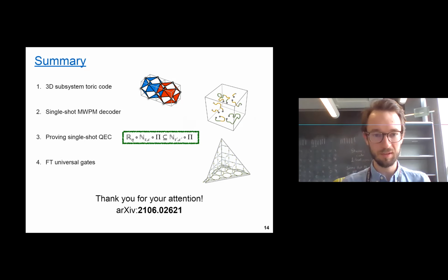Then I can join these new vertices if they share a face, and this creates a tetrahedron. There are two ways of doing this, and they are rotationally symmetric, and I can do this in arbitrary dimensions 3 or above. This gives me something with this nice symmetry where the X and the Z are just a translation or rotation away from each other, and this structure will allow me to define this subsystem toric code nicely.